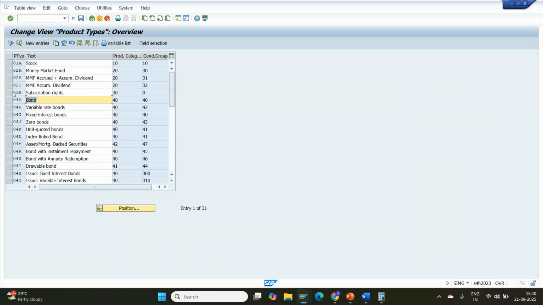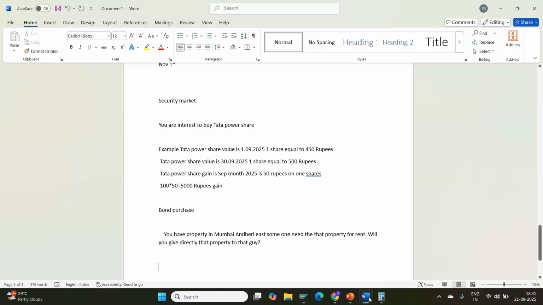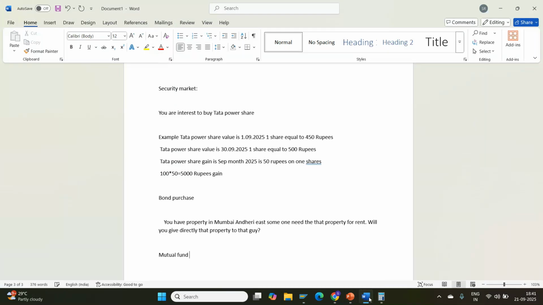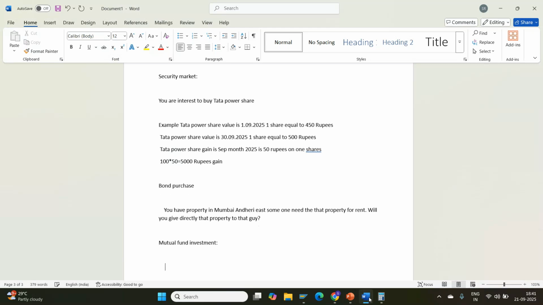There are subscription rights, bonds, zero bonds. There are also mutual funds. Do you know the use of a mutual fund? Mutual funds, again, you have different types. It's similar to securities, where you get interest on it for a fixed period, like 3 months, 6 months, a year. Exactly, correct. It means you expect returns with good value.